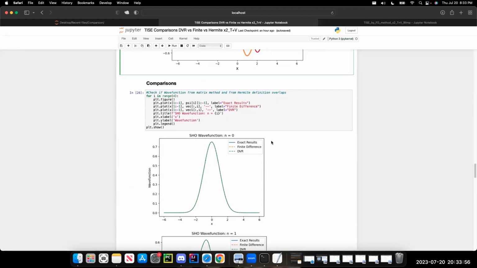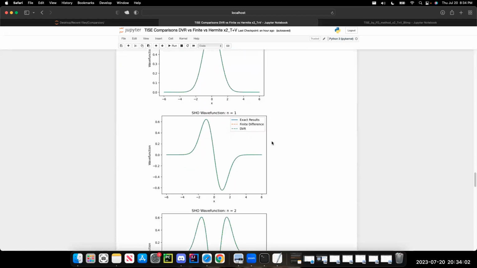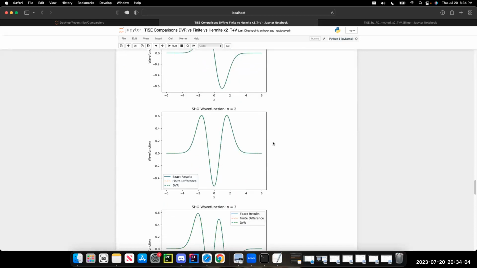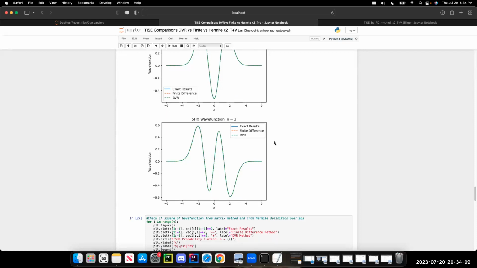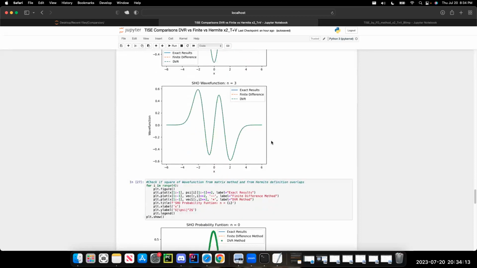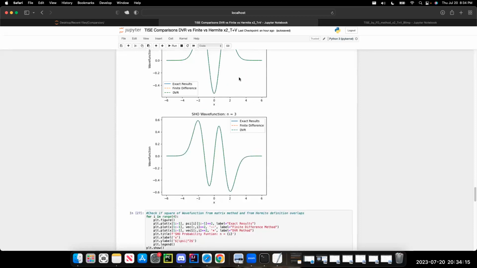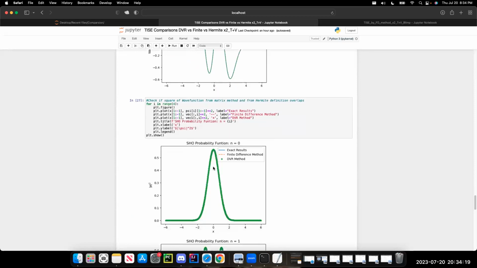As for the comparisons, we can compare the finite difference, the DVR, and the Hermite polynomial approach. And we do see an overlap between each of the wave functions produced by each of these approaches for a particular collection of n.